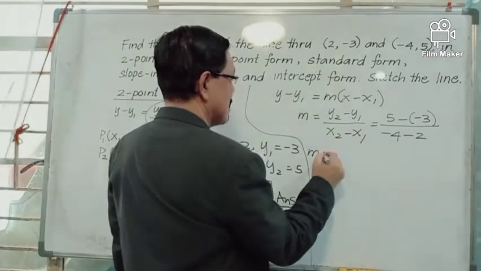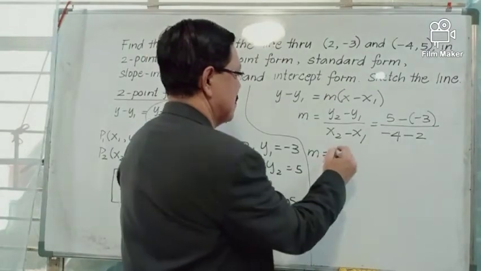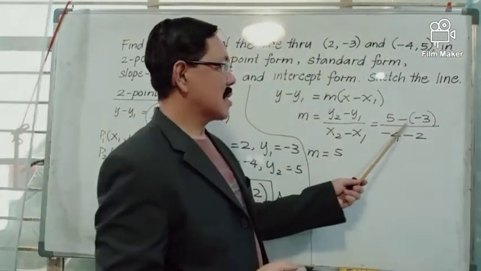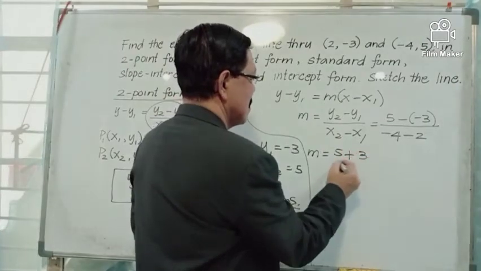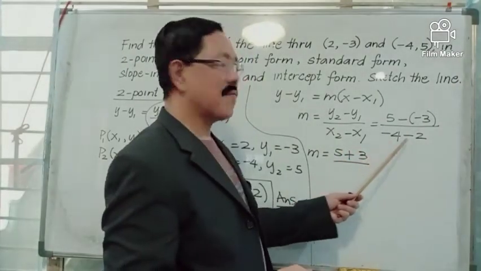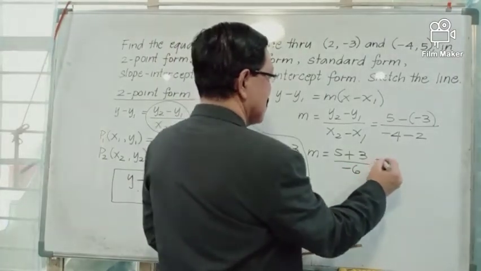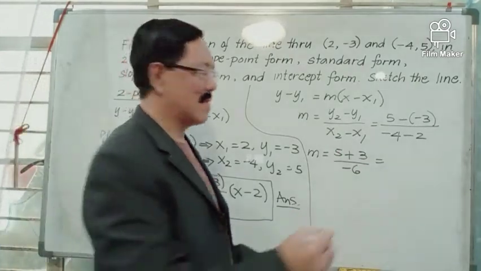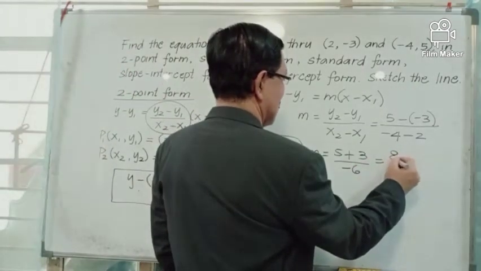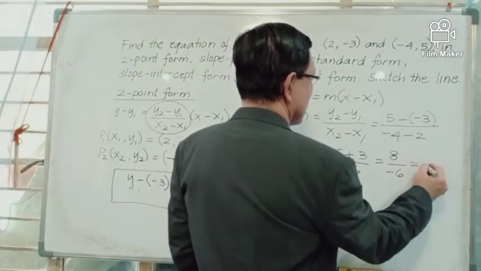We simplify the numerator and denominator. We have 5, negative by negative is positive 3, divided by negative 4 minus 2 is negative 6. In the numerator, we have 5 plus 3 is 8, divided by negative 6.